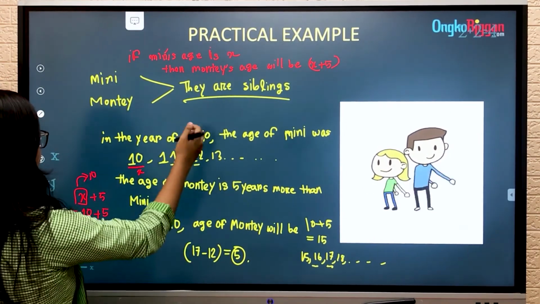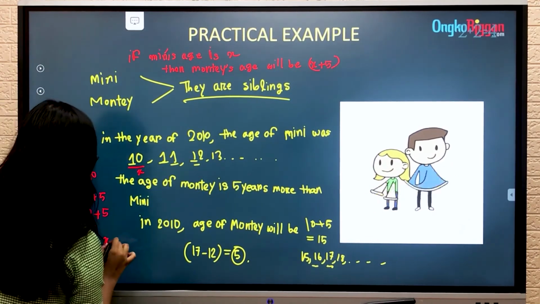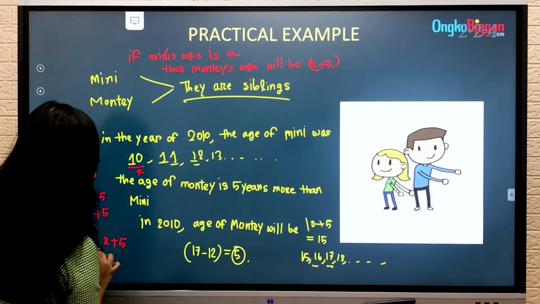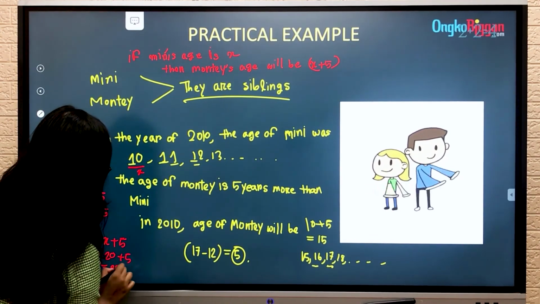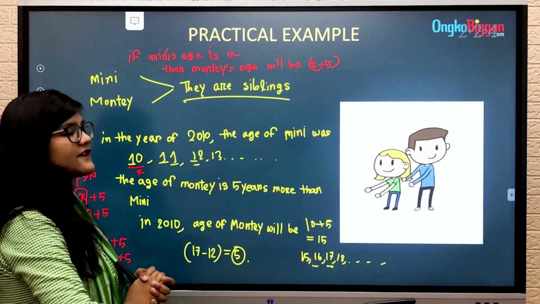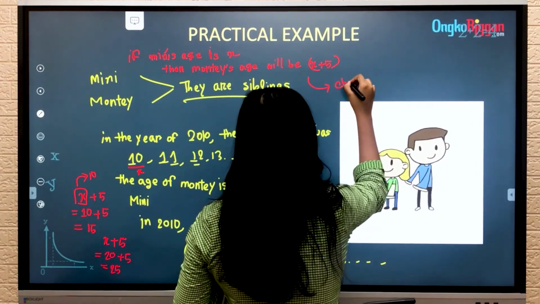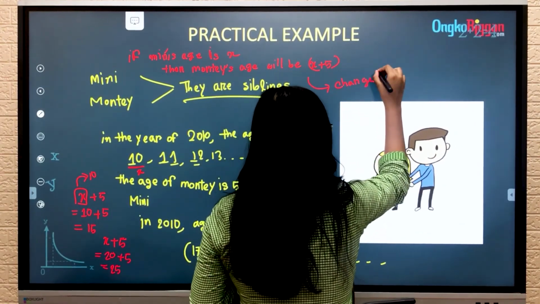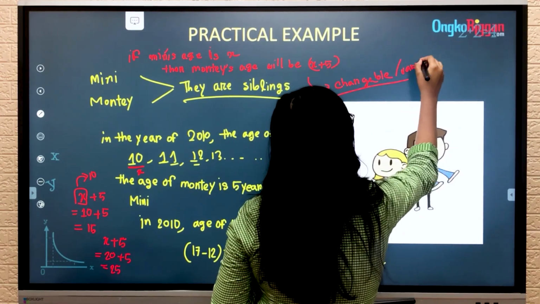So in 2020, Minnie's age will be 20. So x plus 5. Then Monty's age will be 20 plus 5. That is 25. That means this age value is not fixed. That means x is changeable. That means it can vary from time to time.